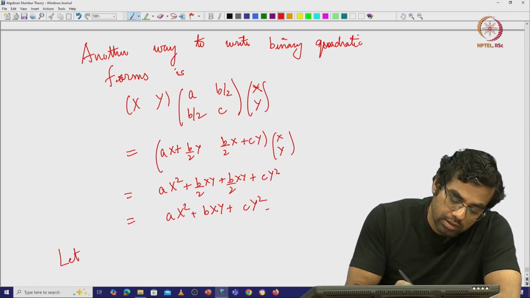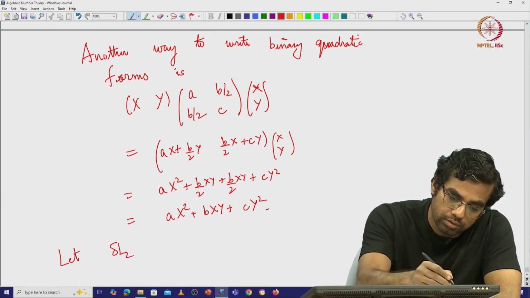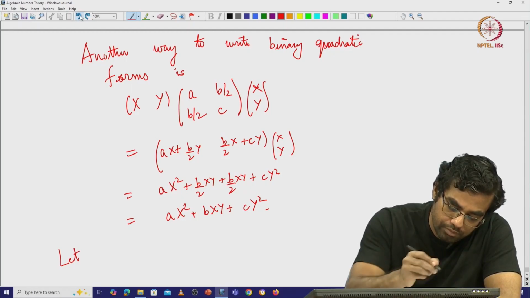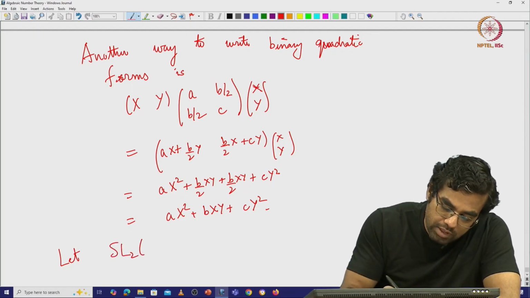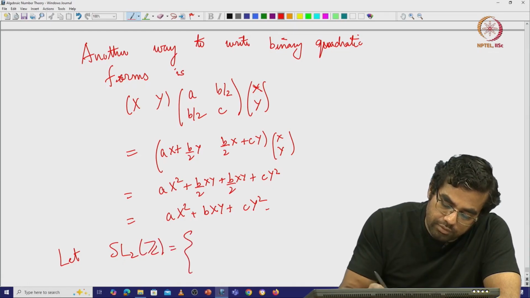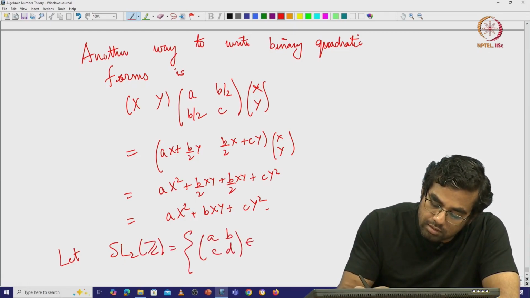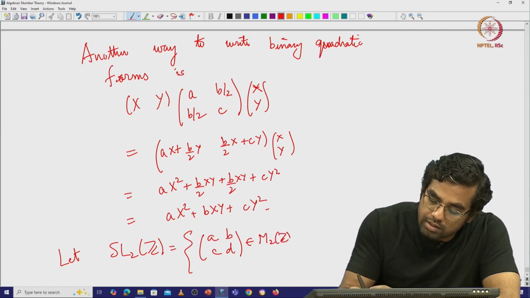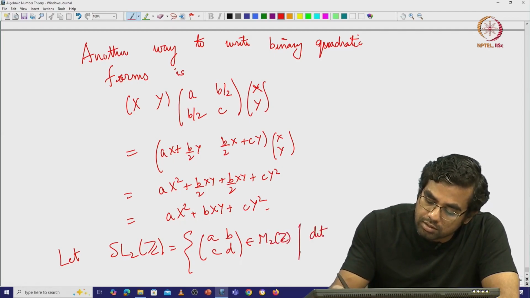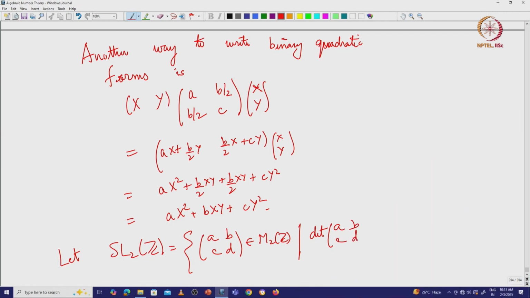Let SL2(Z) be the set of all (A, B, C, D) in M2(Z) such that the determinant, which is AD - BC, is equal to 1. So the determinant is exactly 1.